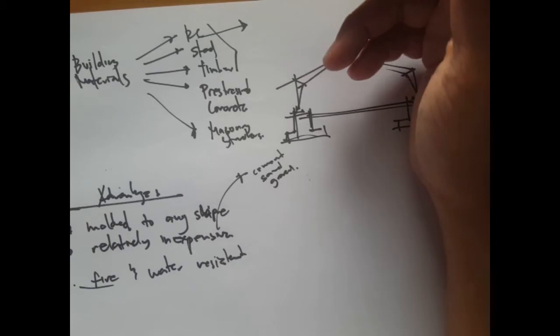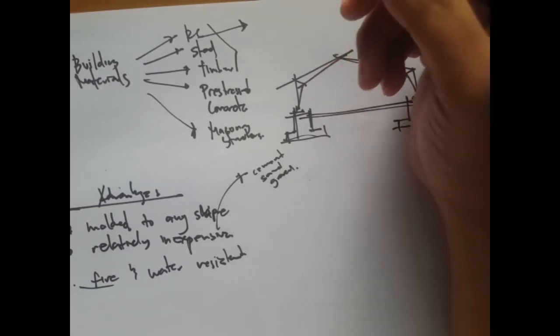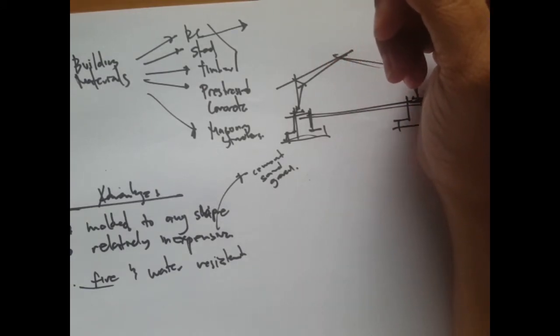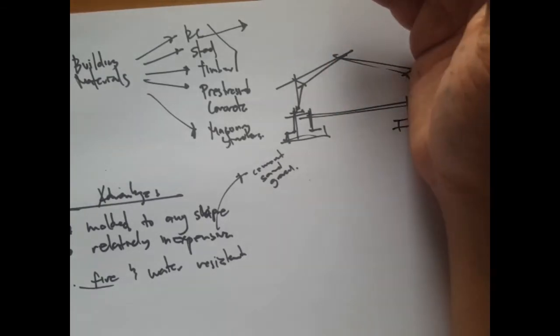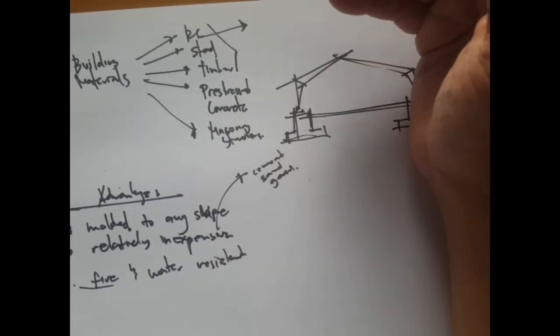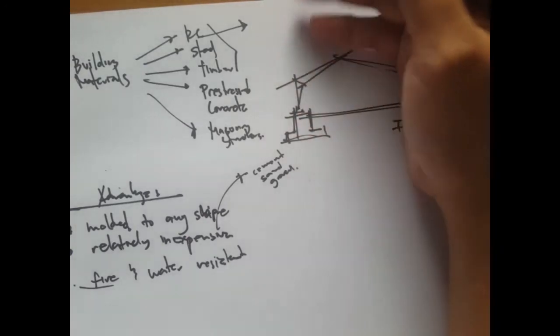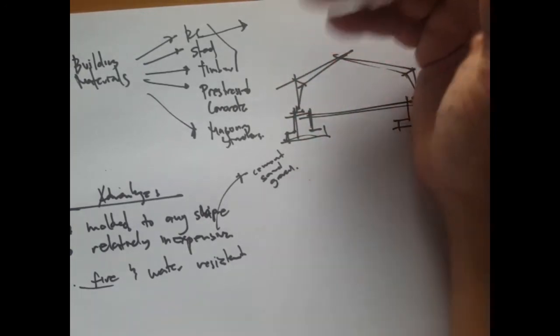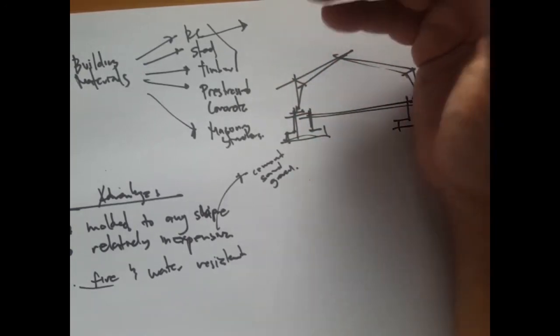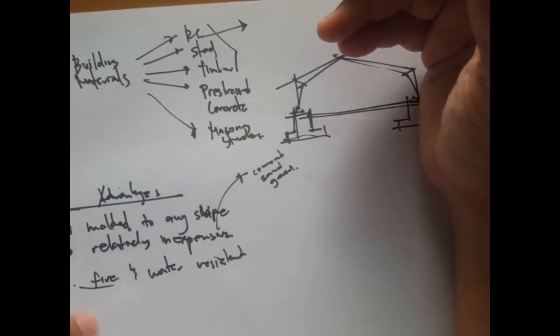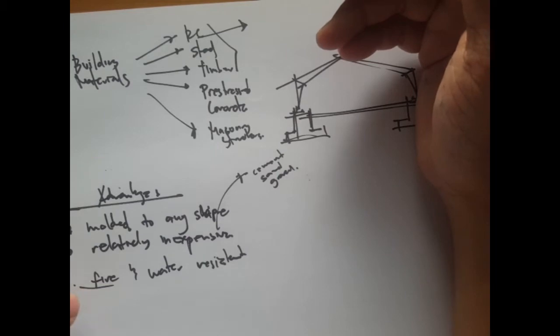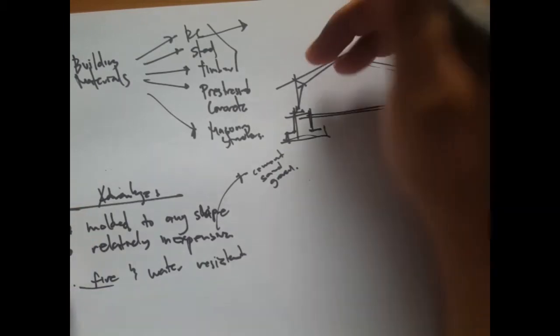At elevated temperatures, of course, timber can combust because it is a combustible material. For steel structures, at elevated temperatures, it has a reduced capacity. So instead of, let's say, having a strength of 250 megapascal, it reduces to, let's say, half of it. So there is an evident downside for steel and timber structures when it comes to fire and also water.